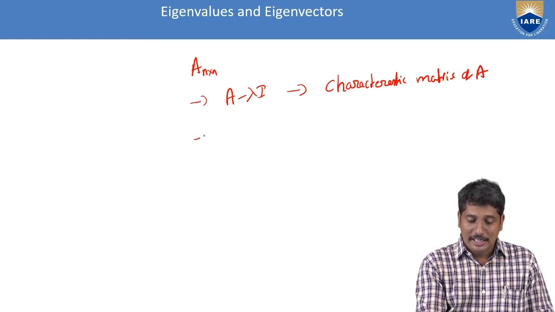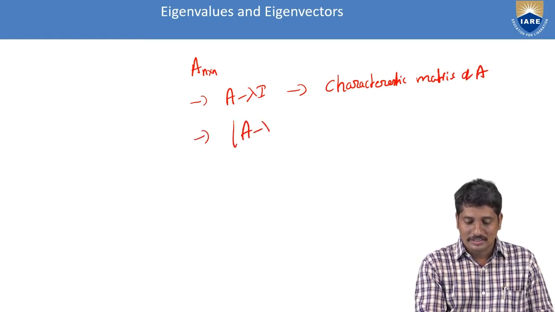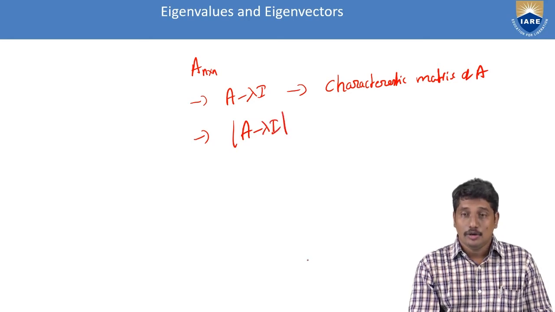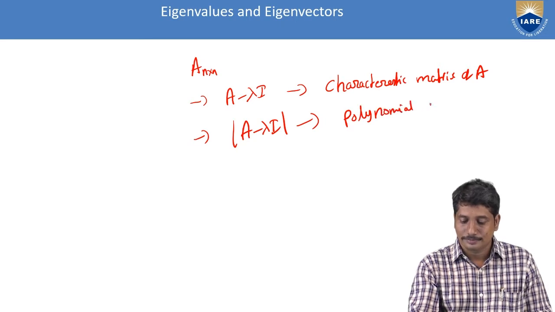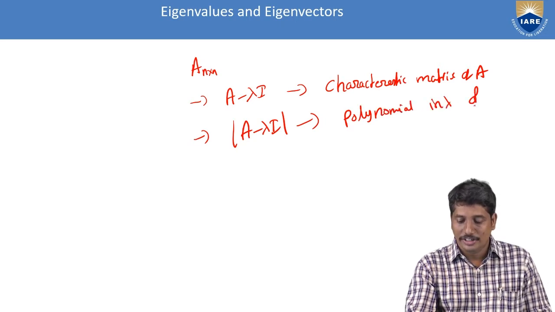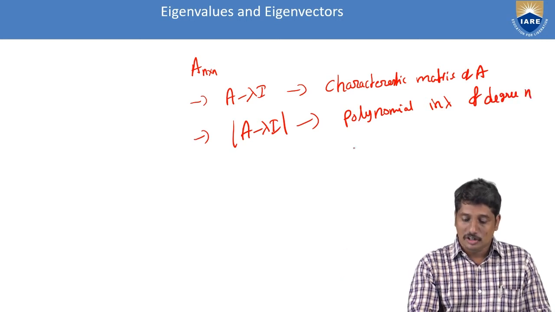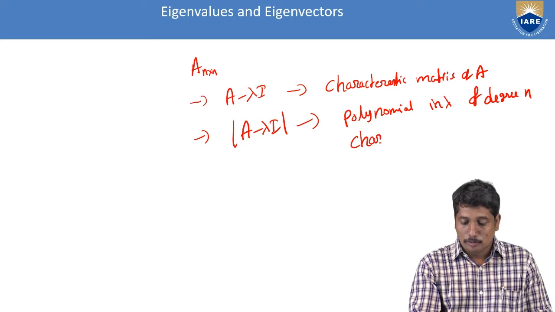If we calculate the determinant of this characteristic matrix, we will get a polynomial in lambda of degree n, which is called the characteristic polynomial.